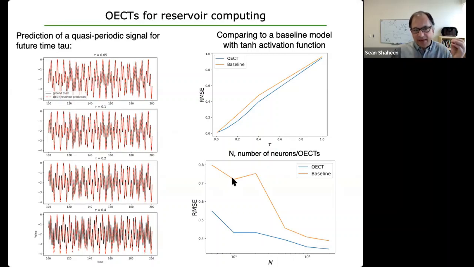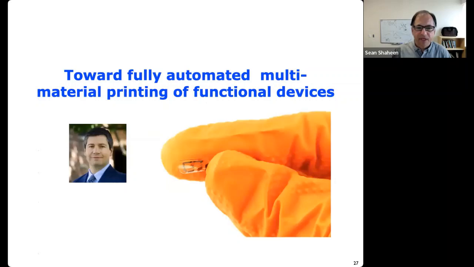So there's something about the information complexity of the response of the OECT that gives you better performance of the reservoir computer. We haven't quantified that yet. We haven't done the level of analysis with this response function that we did before, but it looks promising for the OECT. So basically the standard activation functions, hyperbolic tangent and ReLU, are probably not the best for reservoirs.